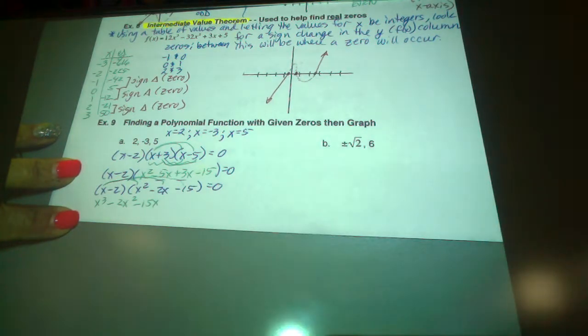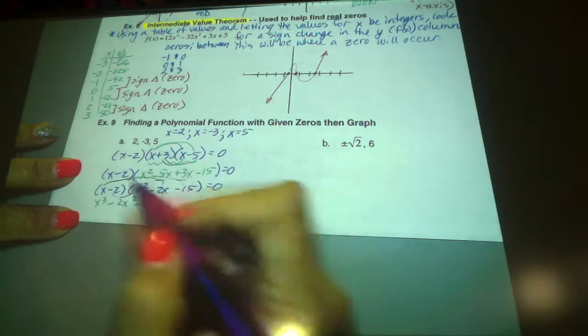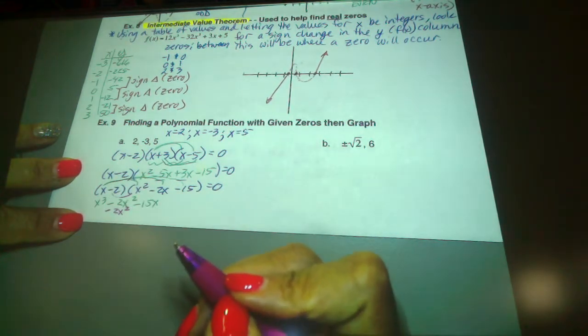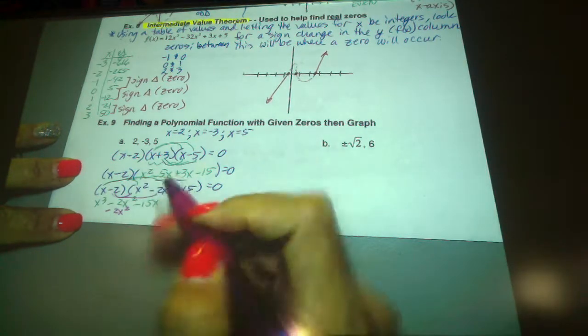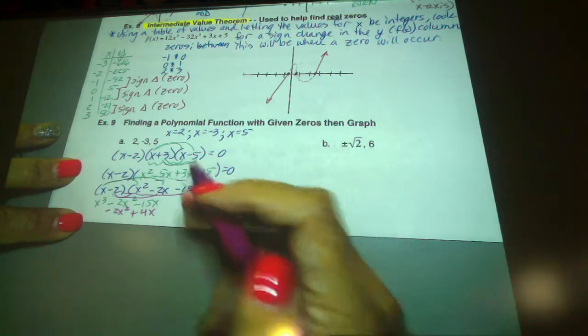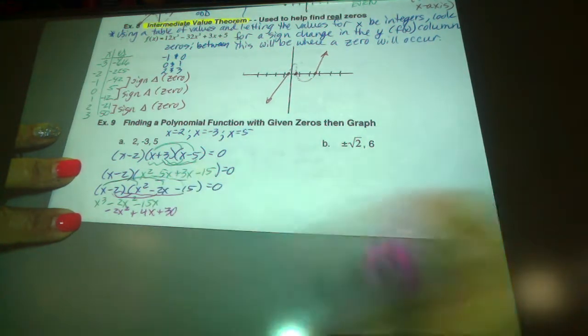Then I'm going to line up like terms when I distribute the negative 2. Negative 2 times x squared, negative 2x squared, same sign, they do not cancel each other out. Negative 2 times negative 2x would be a positive 4x. And a negative 2 times a negative 15 is a positive 30.